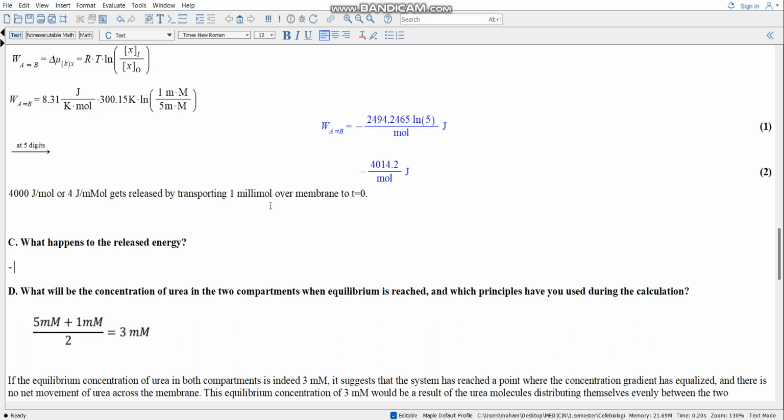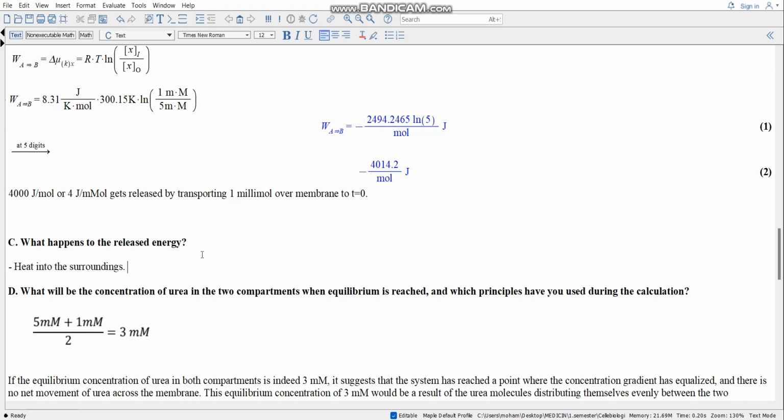So this leads me to saying that the released energy is typically dissipated as heat into the surroundings. When urea molecules move down the concentration gradient across the membrane, energy is released due to the decrease in potential energy associated with the concentration difference.